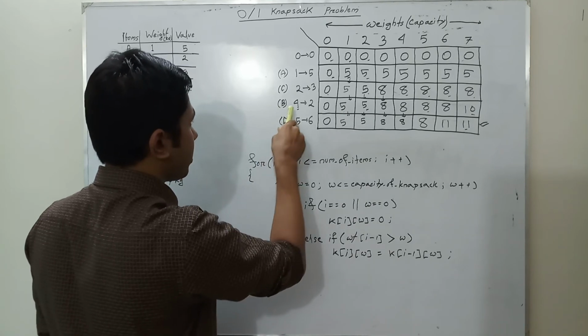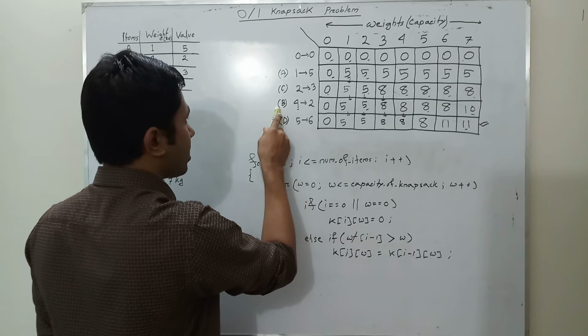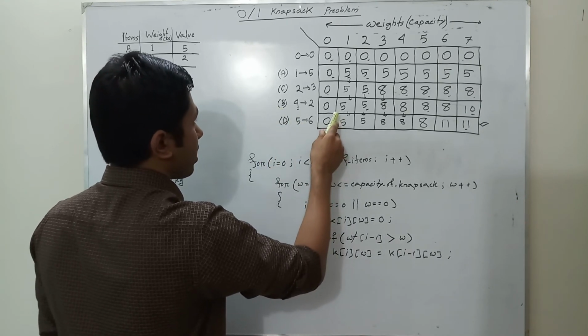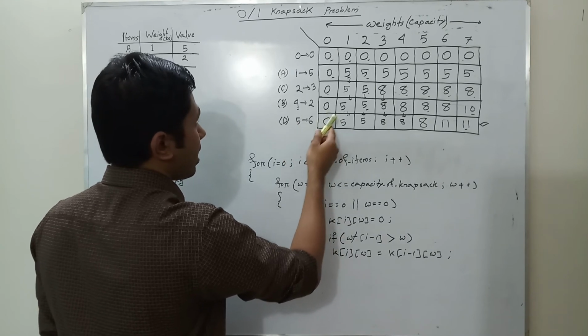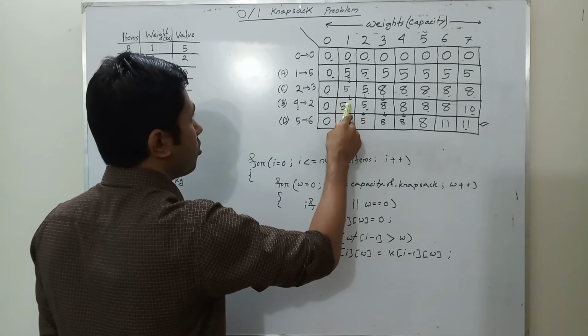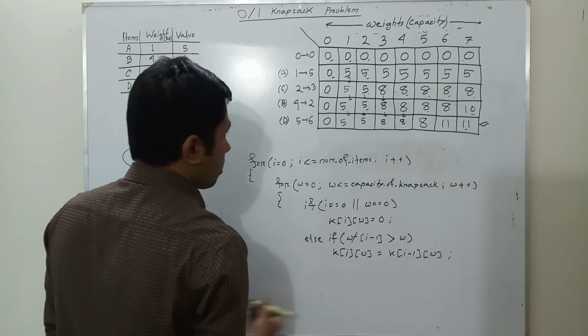Here the capacity of the knapsack is 1, but the weight of the item B is 4, so I can't use the item B. As a result, I need to get the maximum obtainable value from without using the item from the previous row.